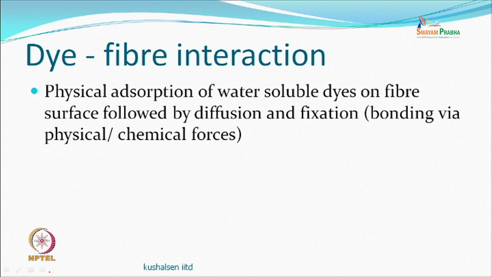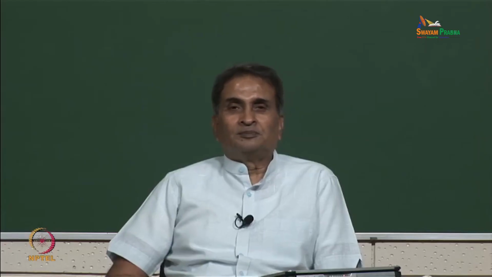In printing you have no scope for agitation, so you only believe that the dye definitely likes the fiber and therefore it just keeps moving in, right. This is what is going to be more important. And then of course fixation.